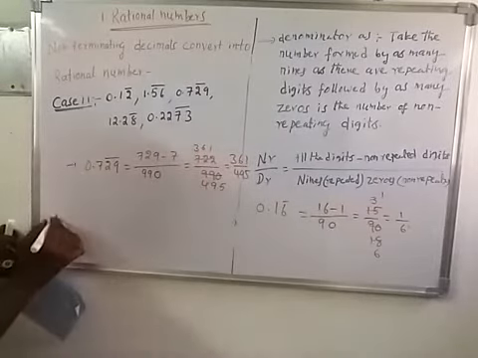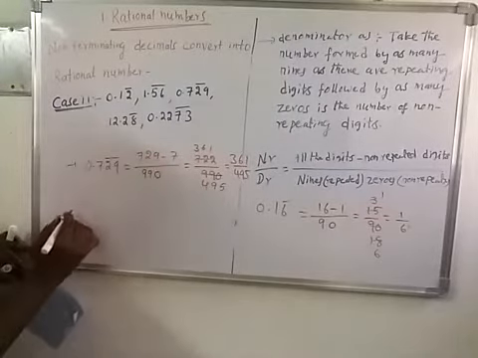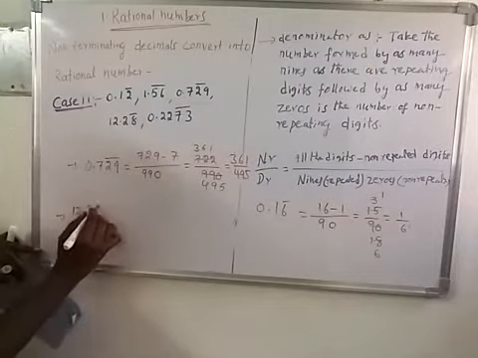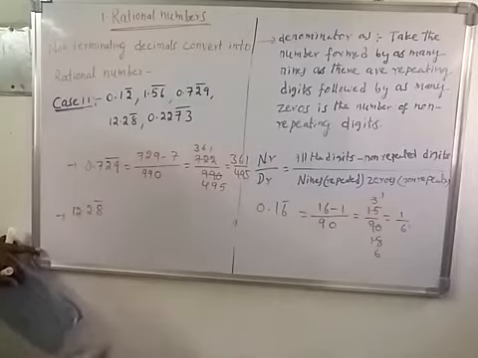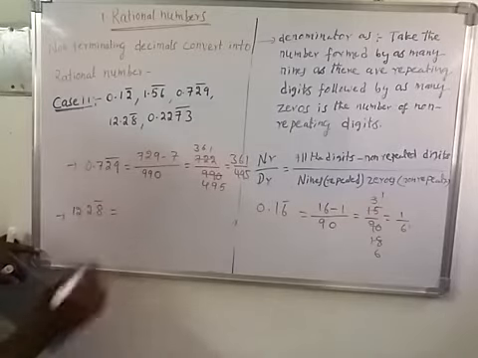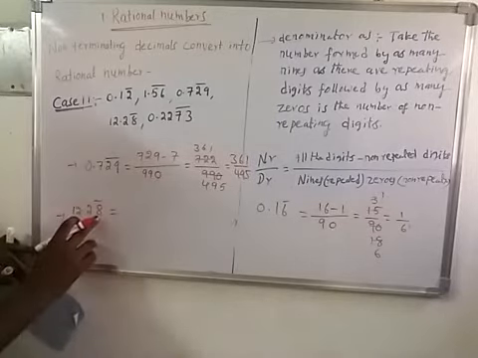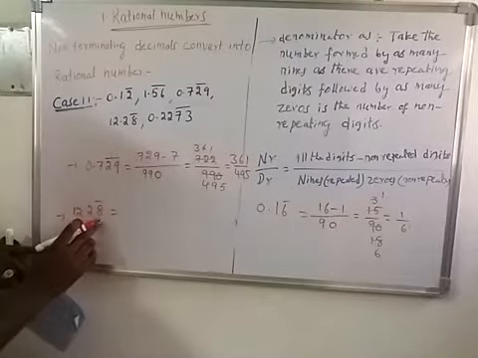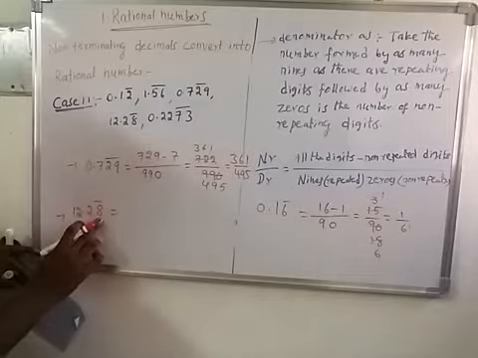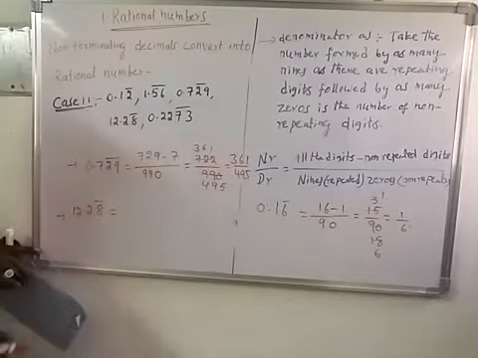Next, another example, 12.28 bar. So bar is only on 8. So in this the period is 8, periodicity is 1.